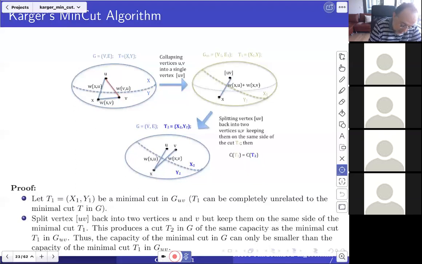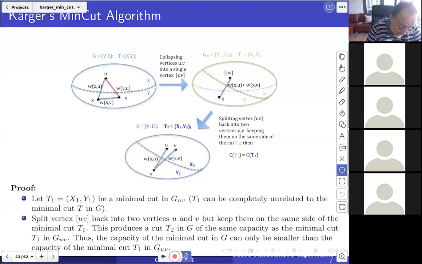And after we fuse the vertices, maybe this partition will no longer be the min cut in the altered graph, because notice this edge does not belong to the cut, but after fusing, the capacity of this edge is added to the capacity of that edge, so the capacity across this cut increased.